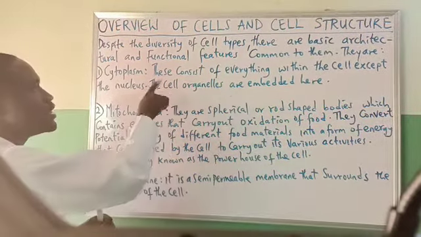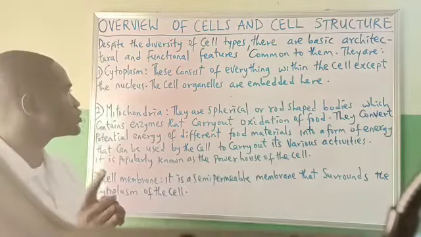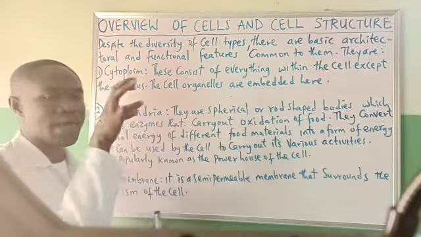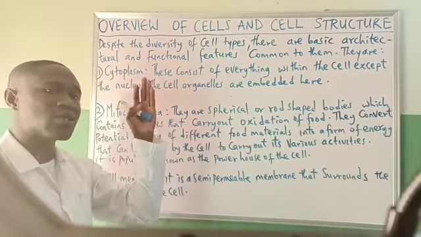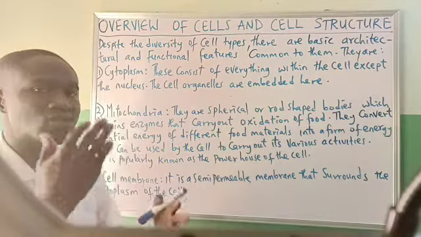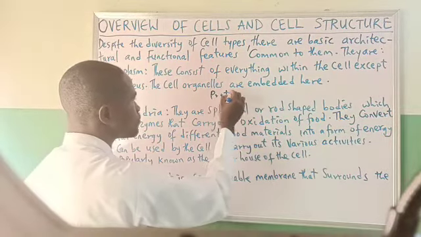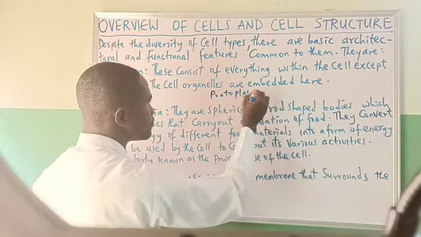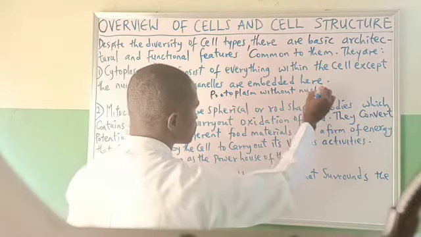This consists of everything within the cell except the nucleus. The cell organelles are embedded there. You can define cytoplasm as protoplasm without nucleus.